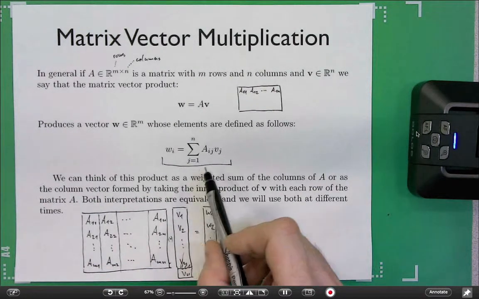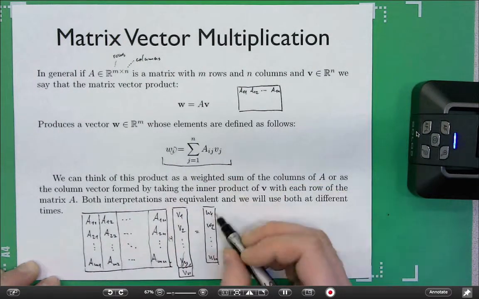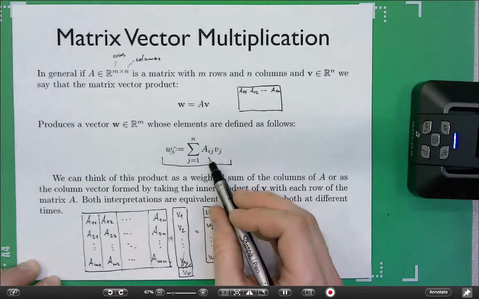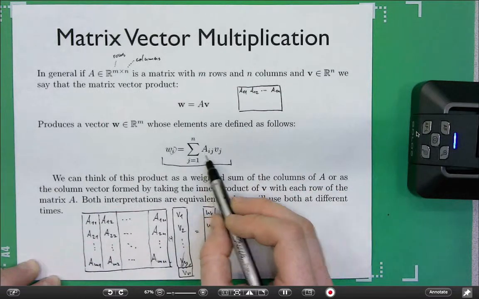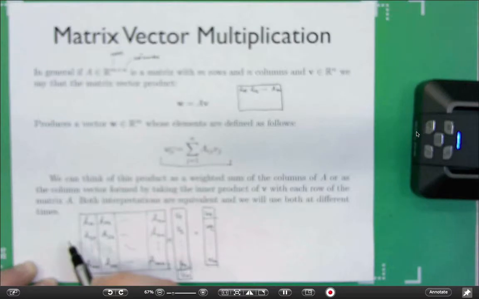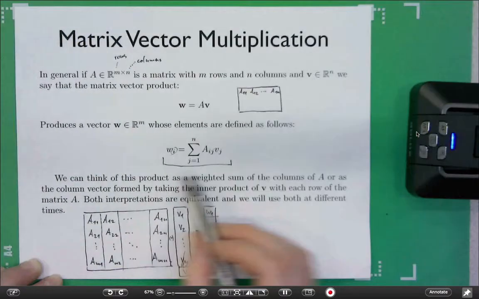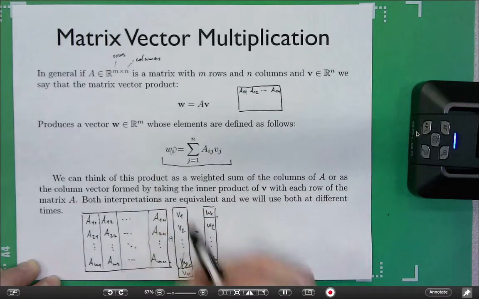So what is it? It's just the sum. If I'm looking at coordinate number i, let's say the first one, so i is 1, I'm summing A11 times v1, A12 times v2, and so on up to A1n times vn. Right? That's what this formula is saying for w1.